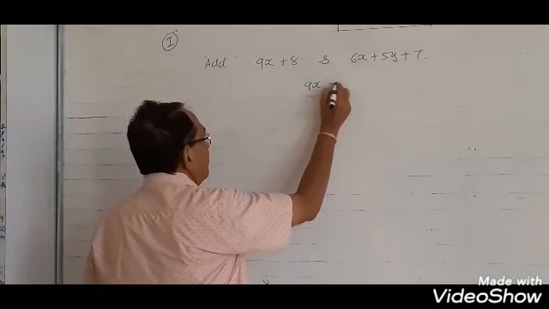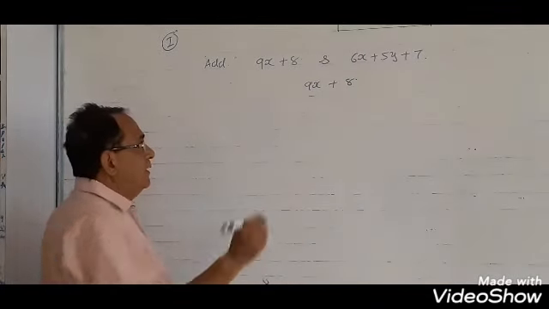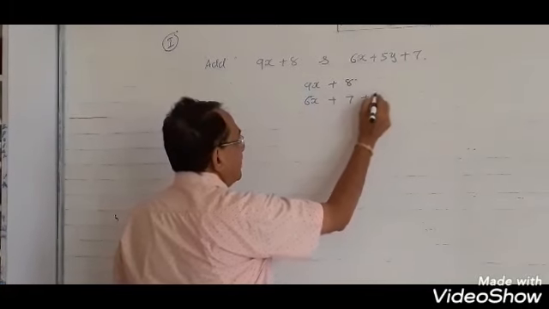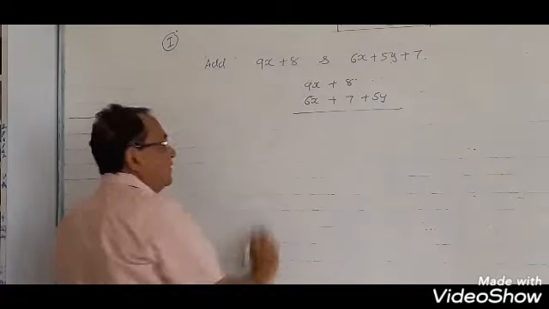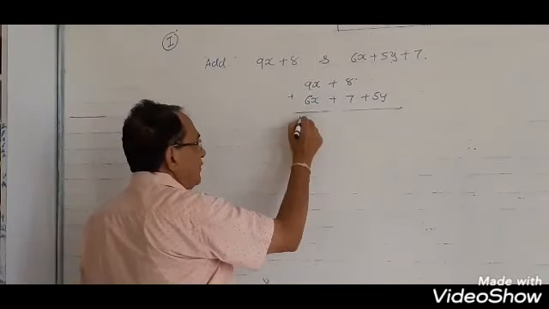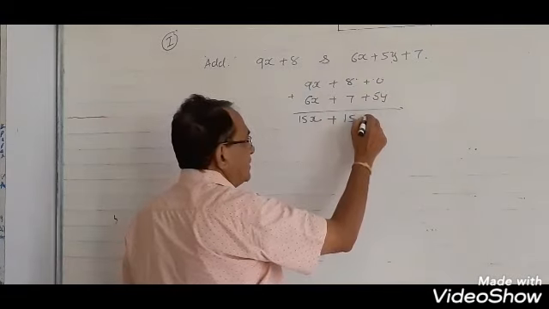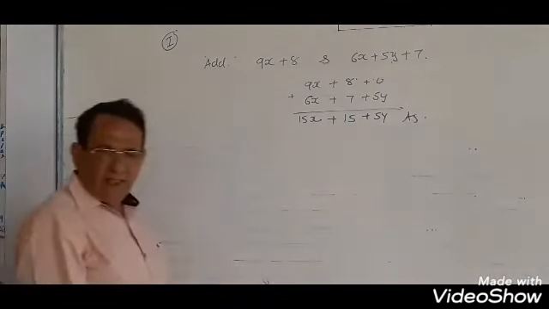Write the like terms below the like terms. 9x plus 6x plus 7 plus 5y. Y is not here, so you have to write it like this. Add it. So 9 plus 6, 15x. 8 plus 7, 15. 0 plus 5y, 5y. That is your answer. Very simple.